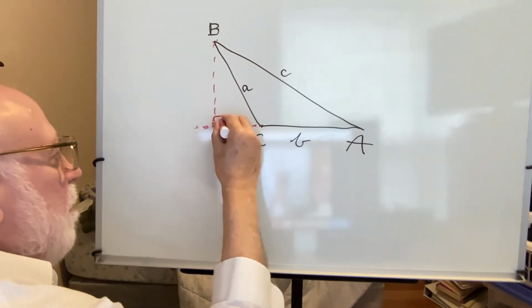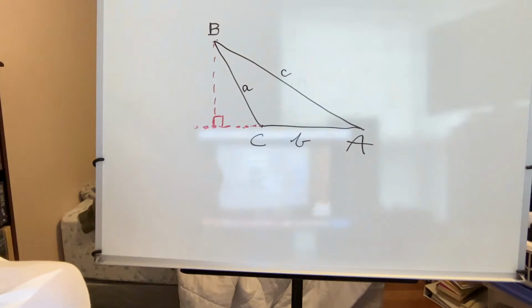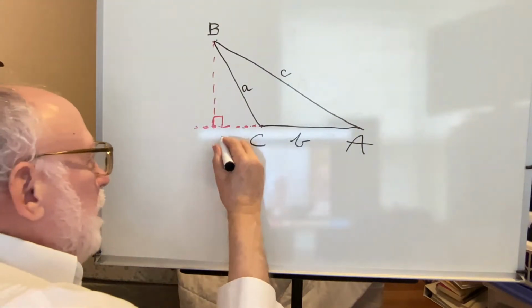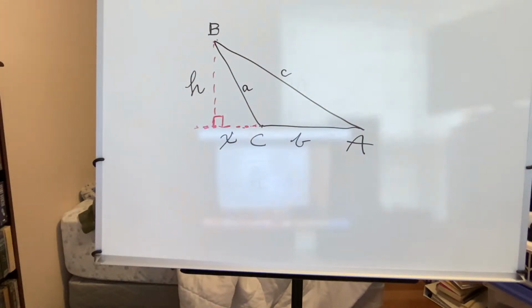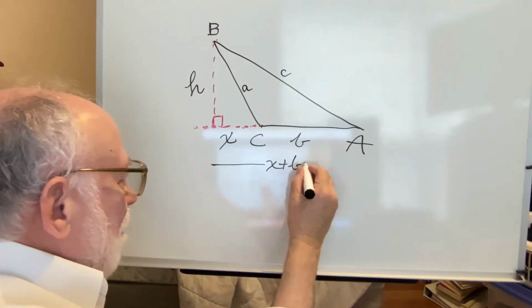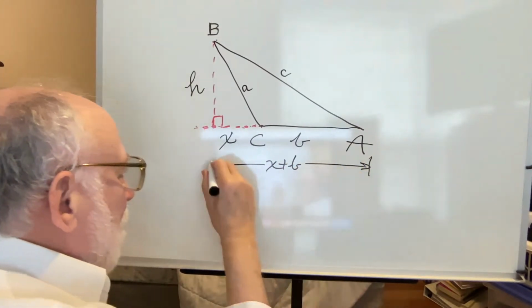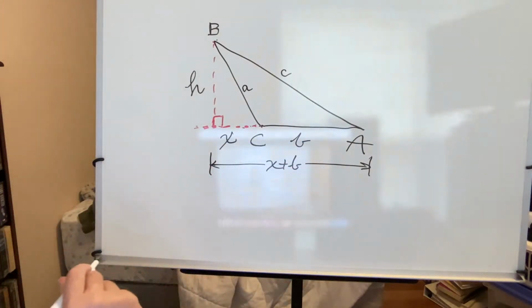Drop the altitude from the point, vertex B. So this is going to be X. This is your H. So now again, this is X plus B on this side here, X plus B.